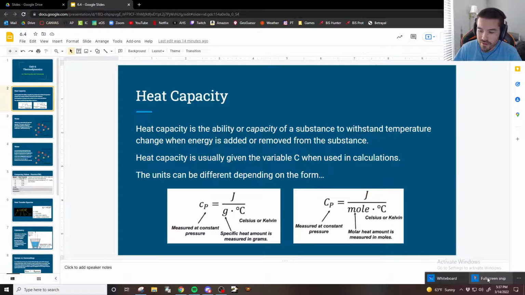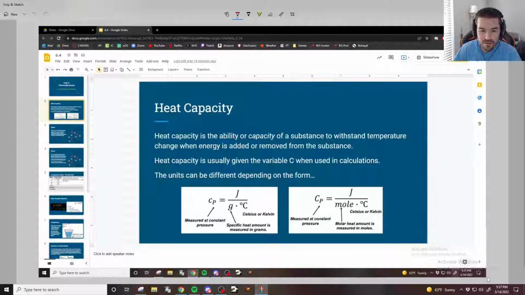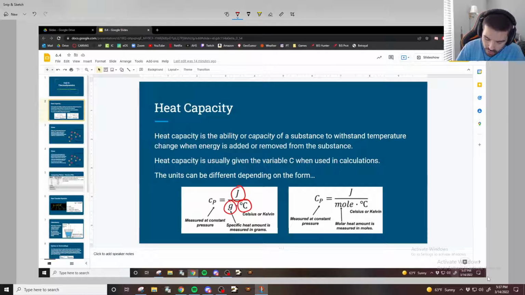So let me attempt to use my fancy little pen here. Okay, so heat capacity has units of joules per gram degrees Celsius. Okay, what does that mean? Well, I think the best way to talk about it is to talk about water. Okay, so water has a heat capacity of 4.18 joules per gram degrees Celsius.